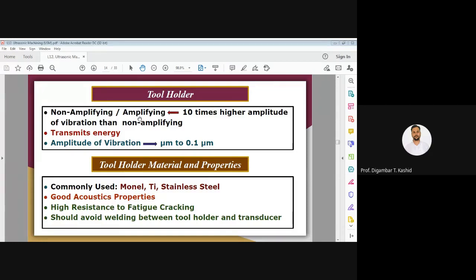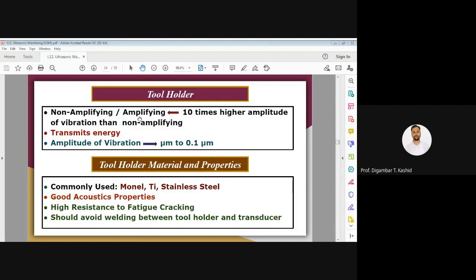Then another point is the tool holder material and its properties. Commonly used tool holder metals I have mentioned here: monel metal, titanium, or stainless steel. These are the metals we can use for the tool holder, because they have good acoustic properties and resistance to fatigue cracking.